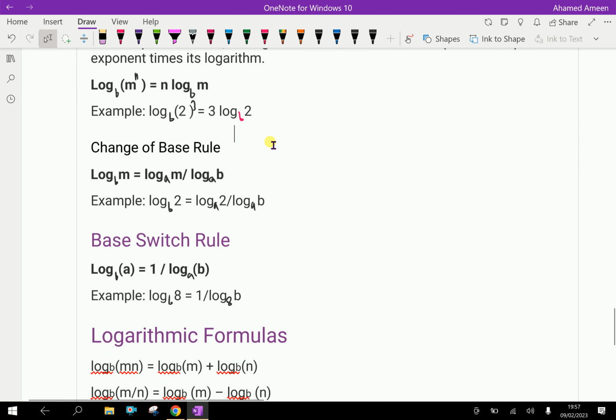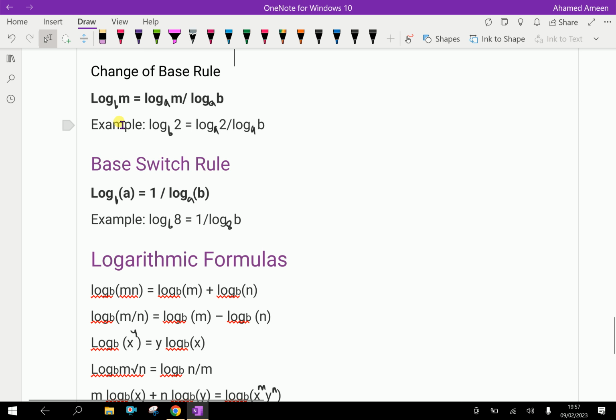Now the change of base rule. Here log of m base b can be written by introducing another base a, as log m base a over log b base a. We are introducing another base, the required base is a here.